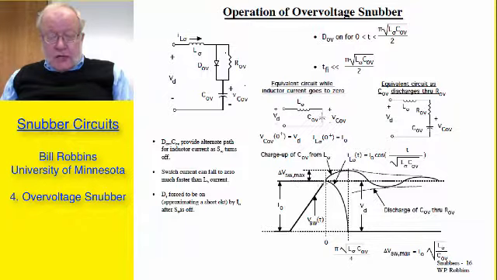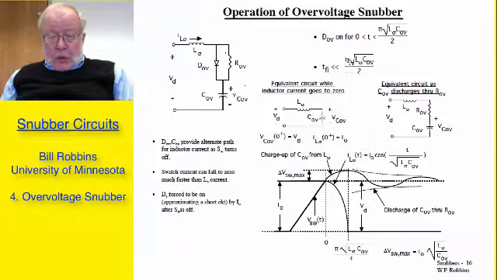When we reach the voltage V sub D, then the current in the switch begins to drop down, and during the time interval when that current is dropping down, that means the current in the inductor is becoming less, and the equivalent circuit during the time interval as the inductor current goes to 0 is this very simple series RC circuit. The overvoltage diode is shorted out in that situation.